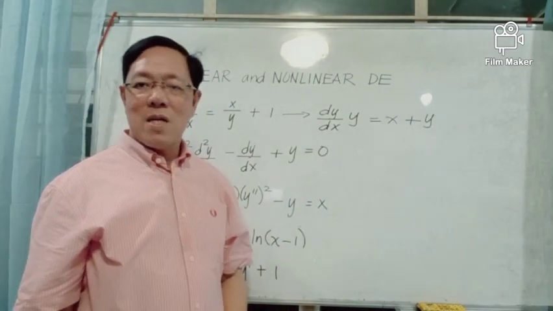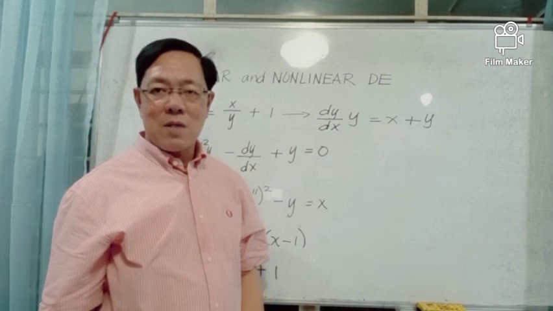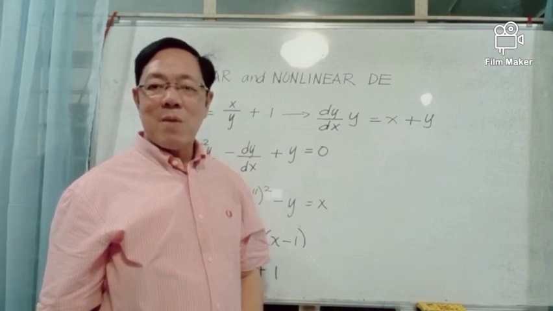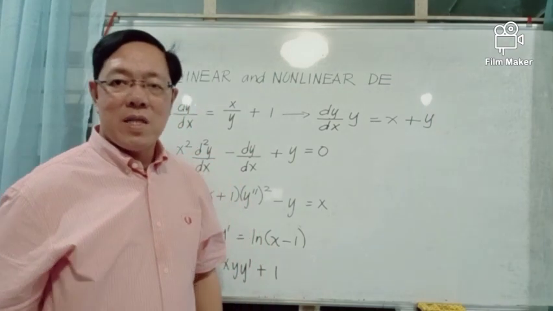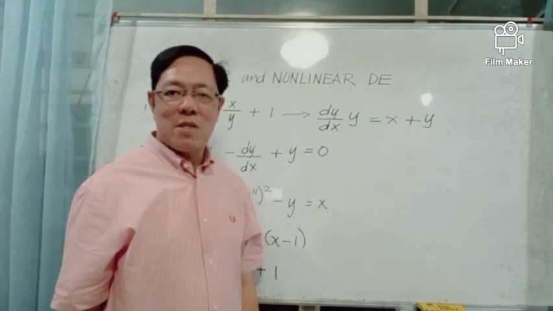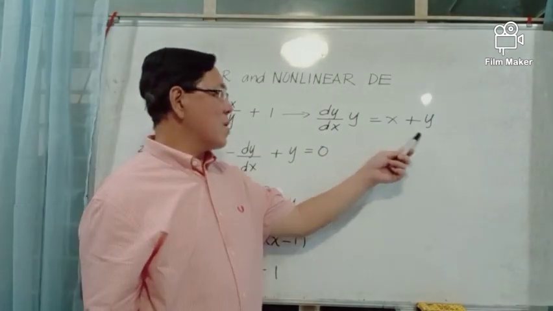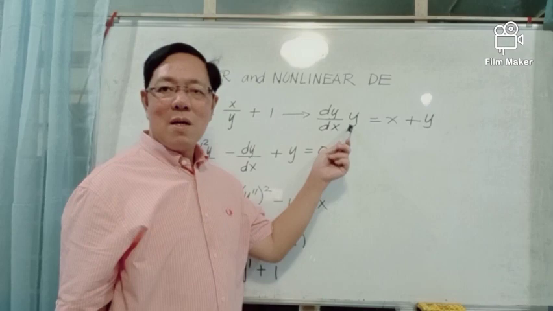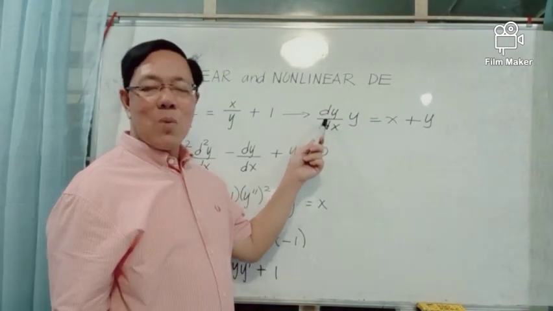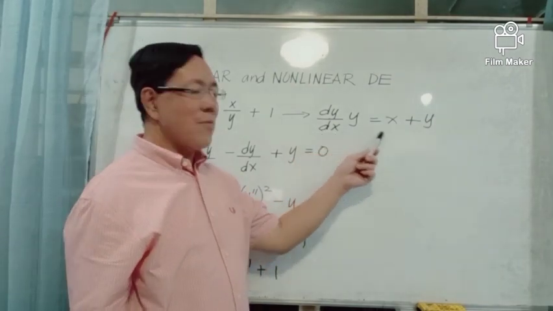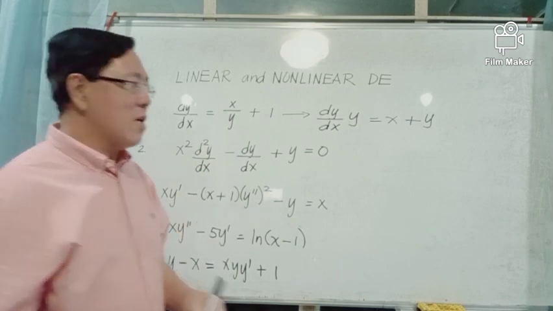But we said earlier that a differential equation that is linear does not contain a product of the dependent variable y and any of its derivatives. But here at the left-hand side of this differential equation, we have the product of the dependent variable y and its derivative dy/dx. Hence, this differential equation in number 1 is non-linear.